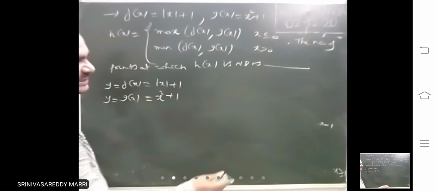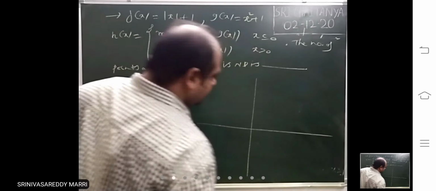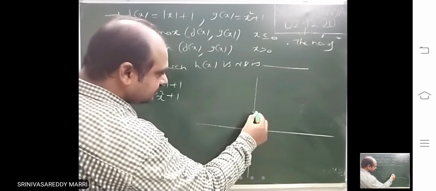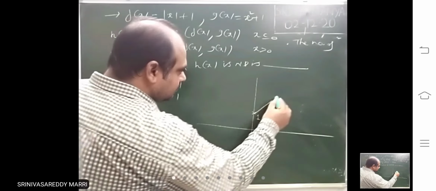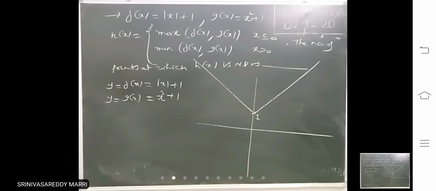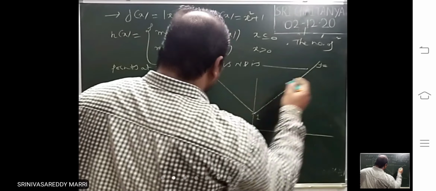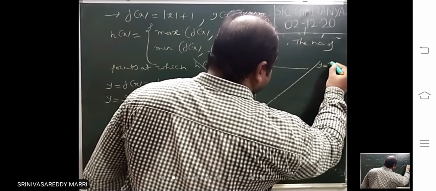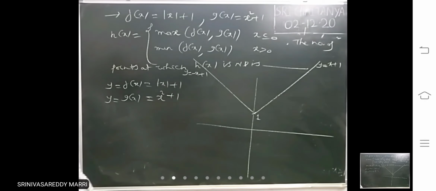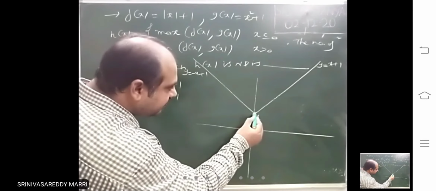First modulus x plus 1: you mark the constant 1 here. This is modulus x plus 1, a V shape. One line is y equal to x plus 1, the other line is y equal to minus x plus 1. These two lines. Then x square plus 1 will be how? Look.